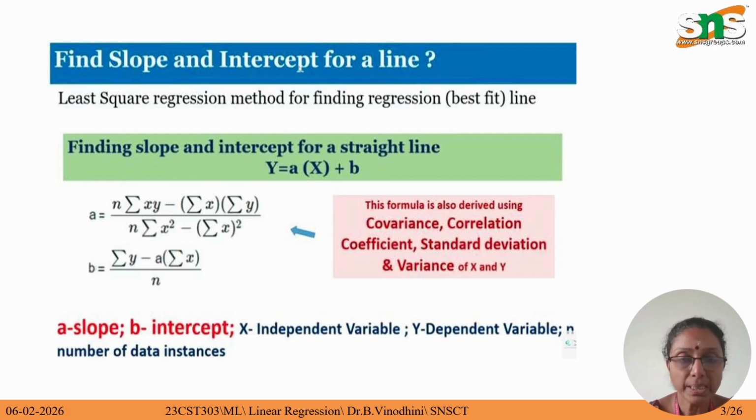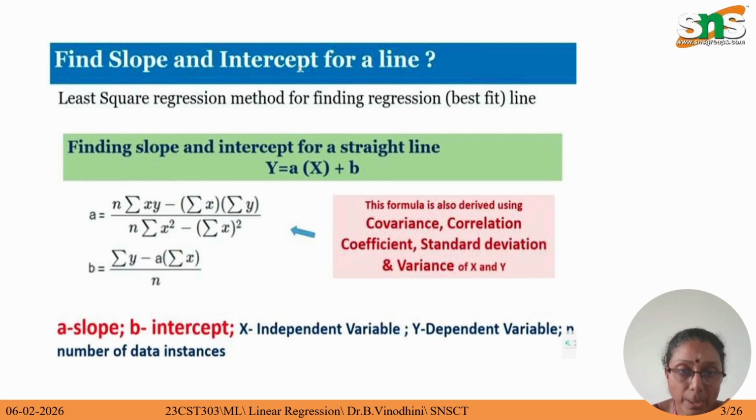In simple linear regression, we have one independent variable and one dependent variable. So y is equal to a x plus b. That is a linear equation, and in that equation the coefficient values a and b have to be found. The formula for a is n into summation of xy minus summation of x into summation of y, divided by n into summation of x squared minus summation of x the whole squared.